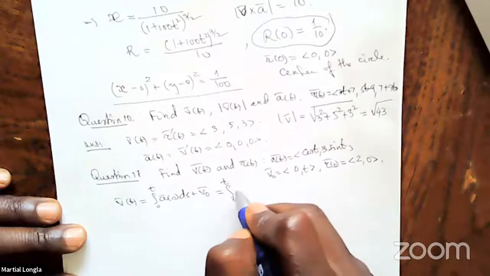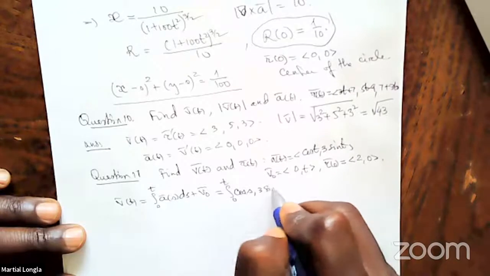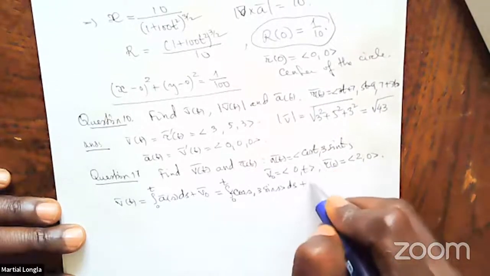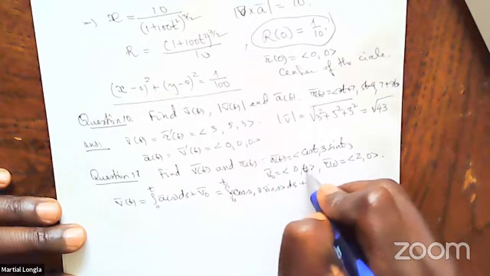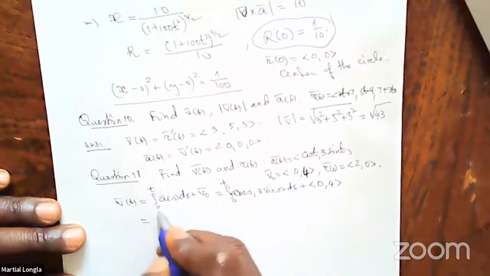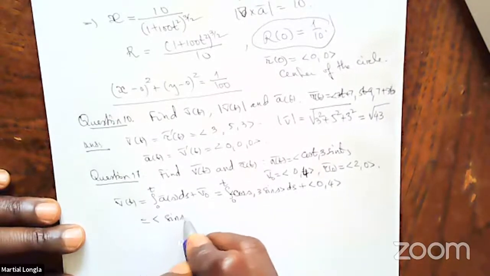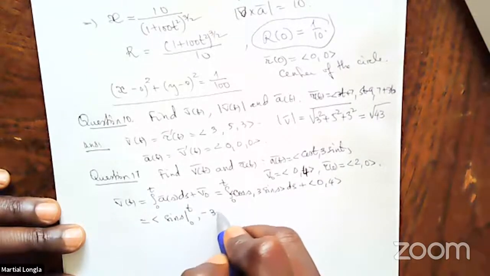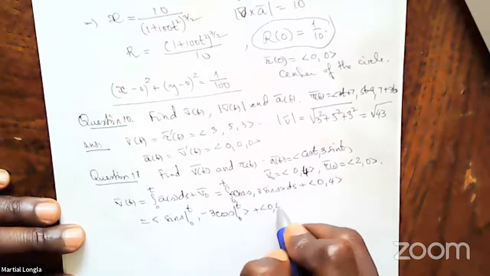And a, that's going to be cosine of s, 3 sine of s, ds plus v0, which is 0, 4, which is equal to: integral of cosine is sine s, 0 to t. Integral of sine is negative 3 cosine s, 0 to t, plus 0, 4.